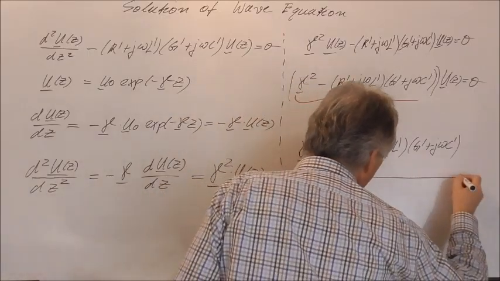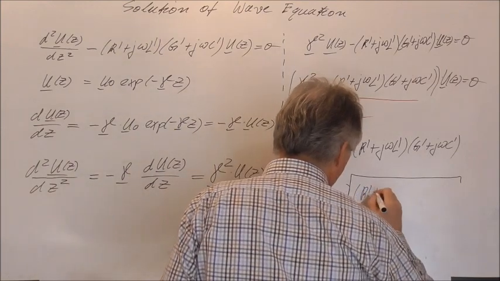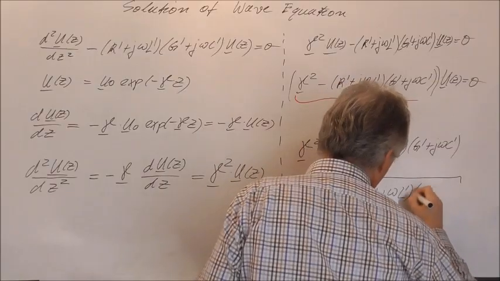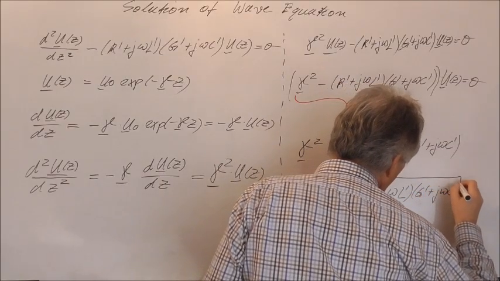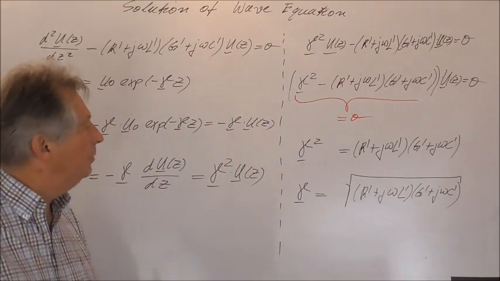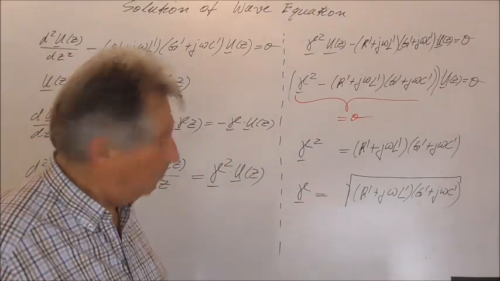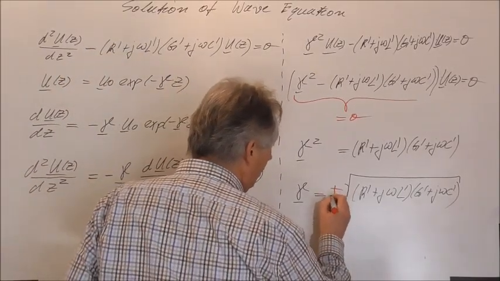It would be the square root of (R' + jωL')(G' + jωC'). But as soon as you take the square root, you have the possibility to choose a positive or a negative sign.